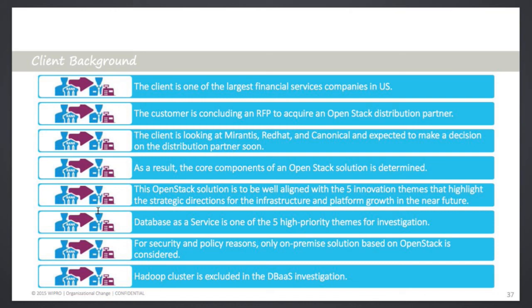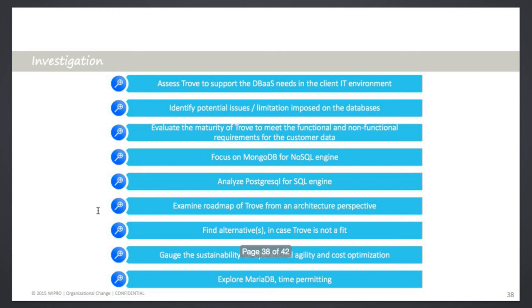So they looked at different options like Mirantis, Red Hat, and asked how to unify these databases. So we led an effort to investigate how to harmonize and consolidate all these database engines and instances to do database as a service.